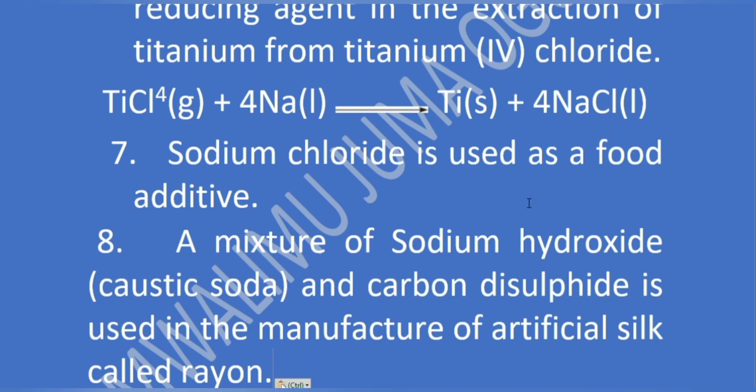Sodium vapor is used to produce the yellow glow in street lights. Molten sodium is used as a reducing agent in the extraction of titanium from titanium chloride. Sodium chloride is used as a food additive.